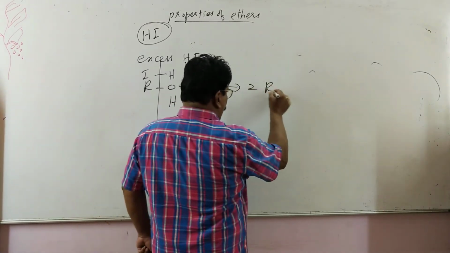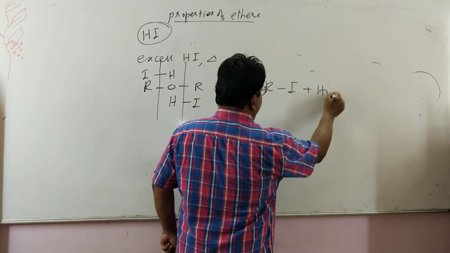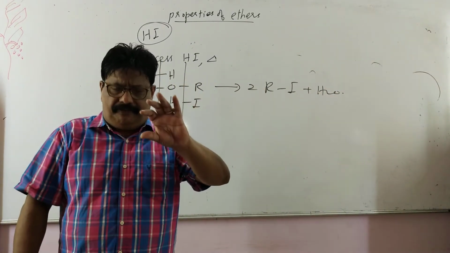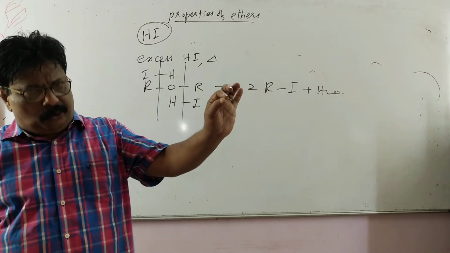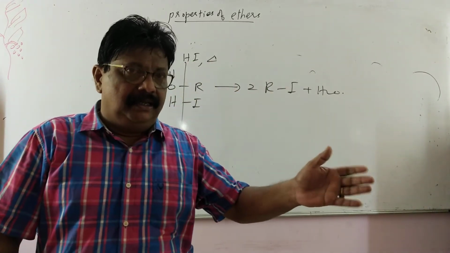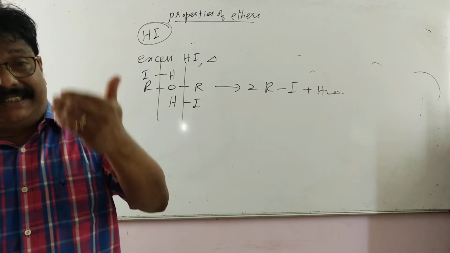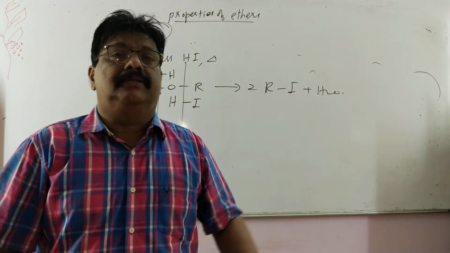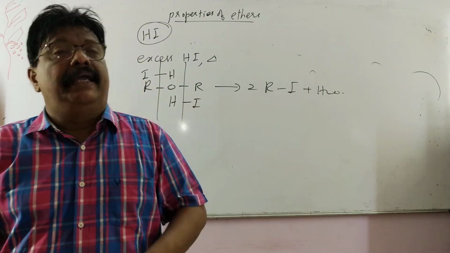We are getting 2 moles of iodide plus water. The same mechanism: first 1 mole of alcohol and 1 mole of iodide. Then the alcohol will react with the second molecule of HI to form iodide and water. The mechanism is the same SN2.